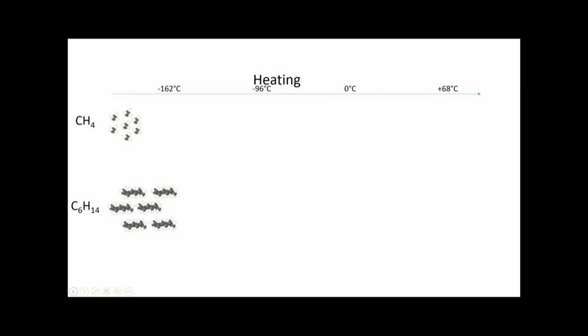Whereas hexane, we wouldn't see any difference at minus 162 degrees C. We'd actually have to heat that up to minus 96 degrees C in order to get hexane to even melt.